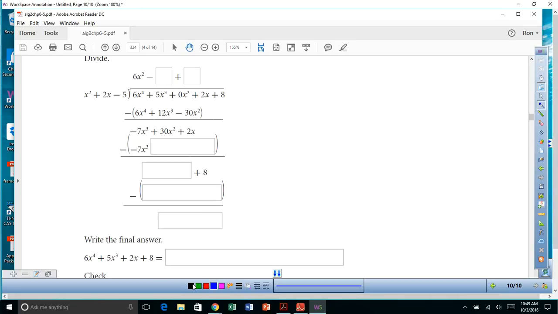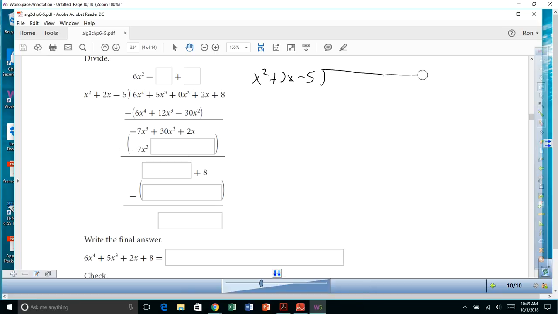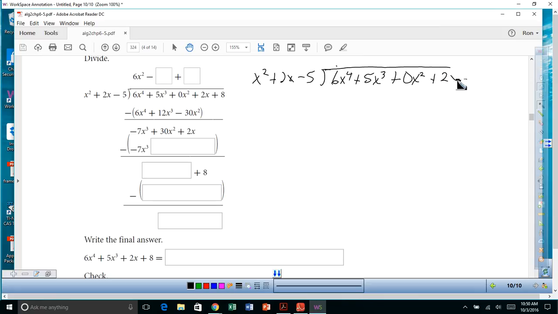So what I'm going to do is come over here, and I got x squared plus 2x minus 5, and then we'll do it all together here. So we have 6x to the fourth plus 5x cubed plus 0x squared plus 2x plus 8.